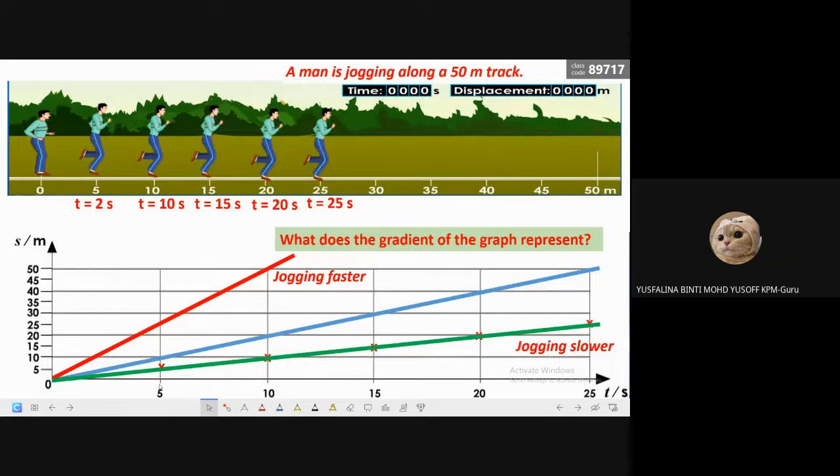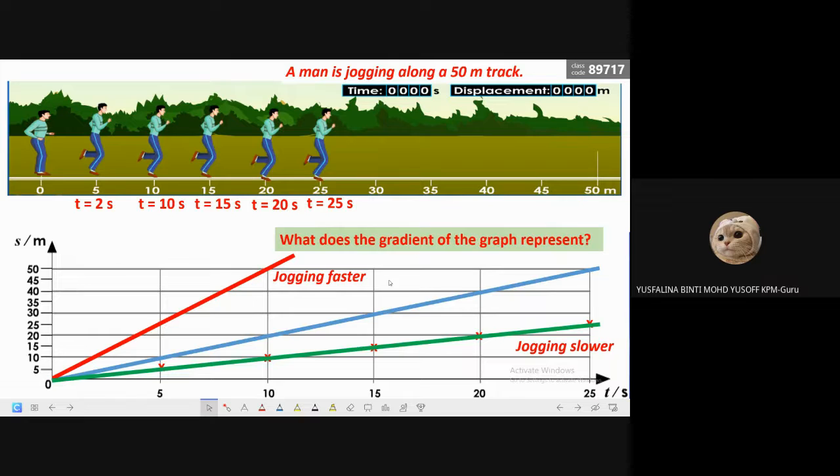You can see at, let's say I take one time, 5 seconds. If it's jogging slower, it doesn't reach even 10 meters, I think 5 meters only at 5 seconds. But if it's just normal jogging, it can reach 10 meters during 5 seconds. But if it's jogging faster, for 5 seconds it already reaches almost 25 meters.